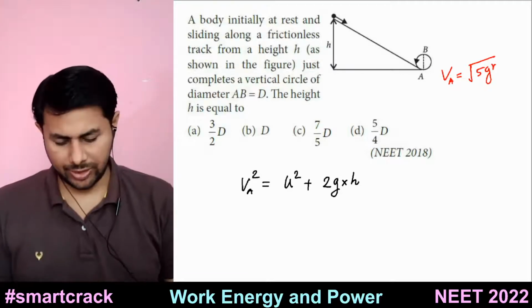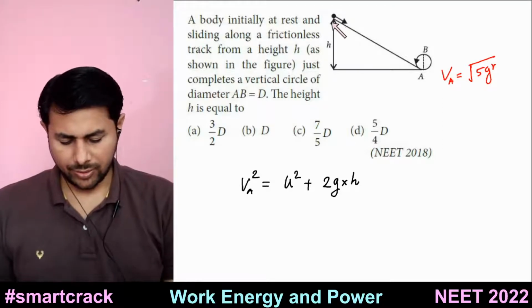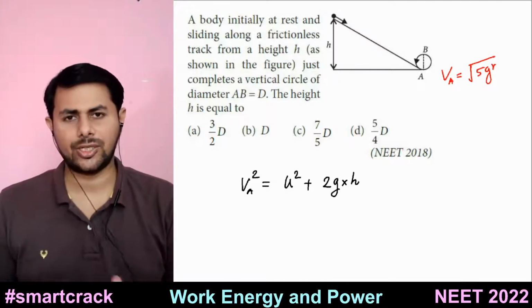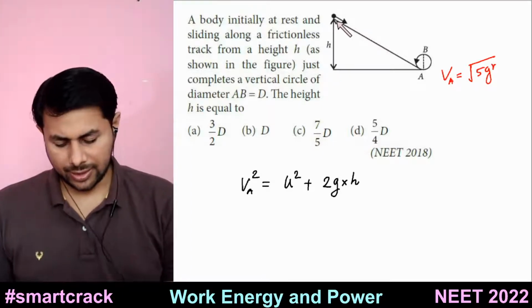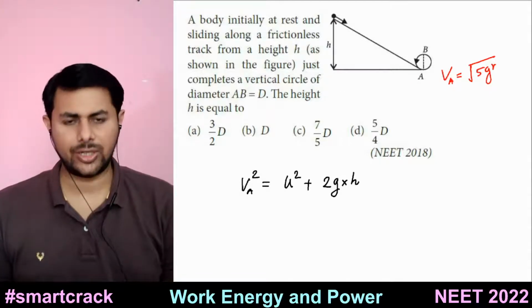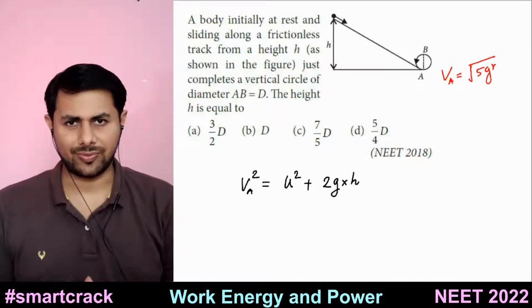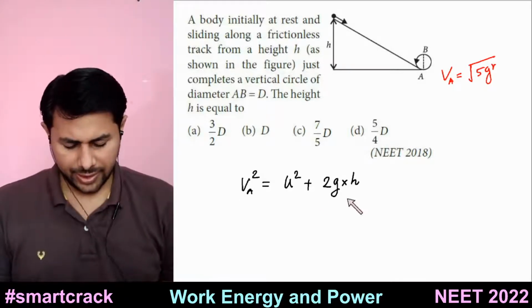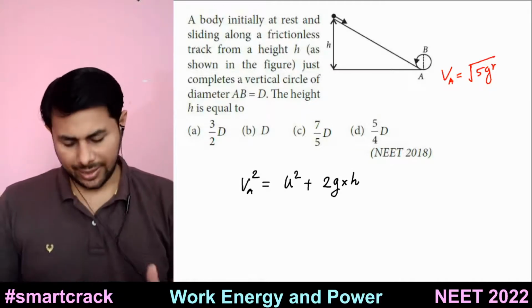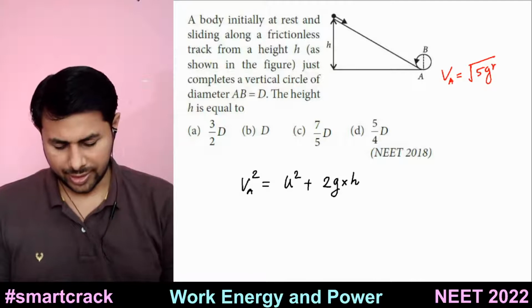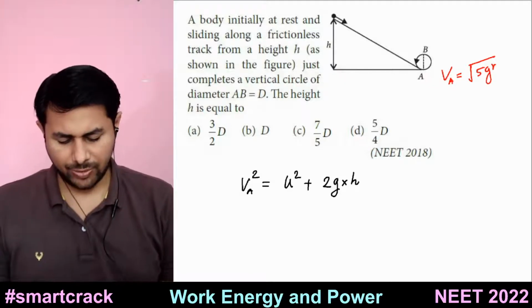This is the law of conservation of energy. Potential energy plus kinetic energy at this point is equal to the sum of potential plus kinetic energy at the other point. At the top point, kinetic energy is 0, and at this point the potential energy is 0. You can also say this is the second kinematic equation. But the speed at this point or this point will be equal.